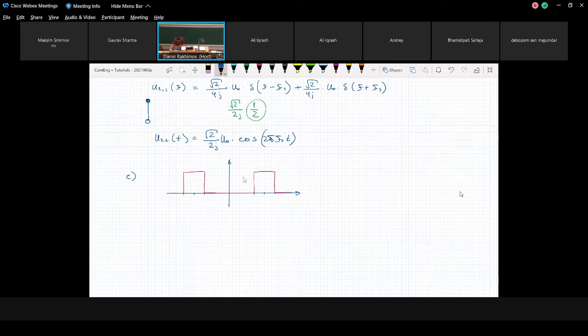We can also specify the carrier frequency and minus carrier frequency in the middle, and bandwidth capital B or 2Fs. And the amplitude of this transfer function equals 1. Okay, and this is our G of F, the transfer function of our filter, in the frequency domain.